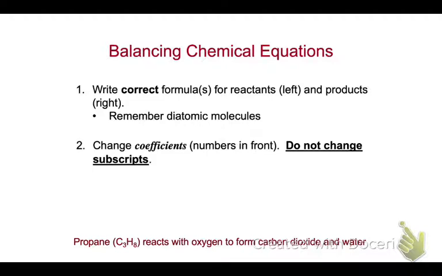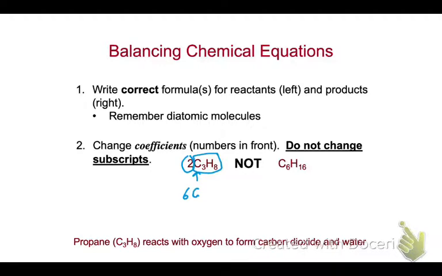We change the coefficient when we balance the equation, which is the number in the front, and we do not change the subscripts. Let's see why. For example here, if I needed to balance my equation and have 6 atoms of carbon, then I put 2 of the compound C3H8 and not C6H6.